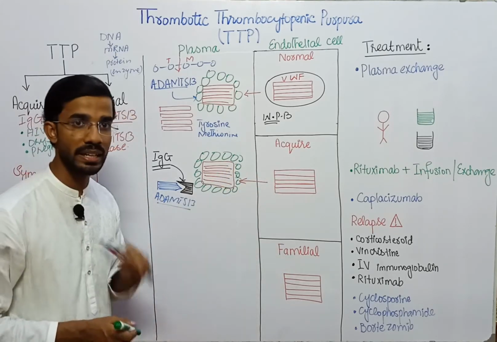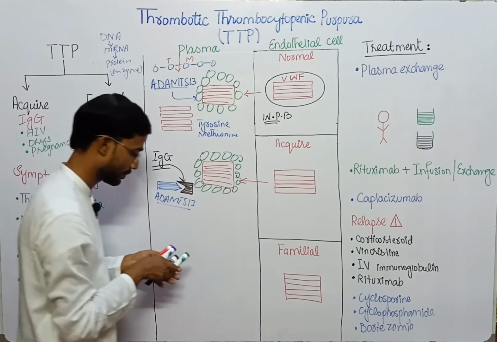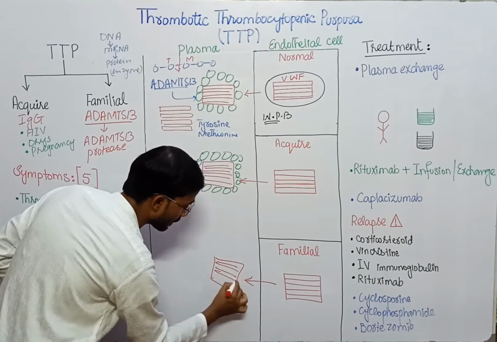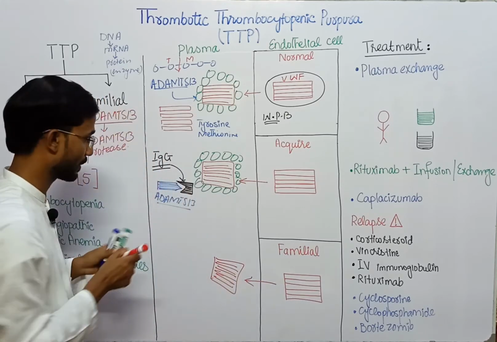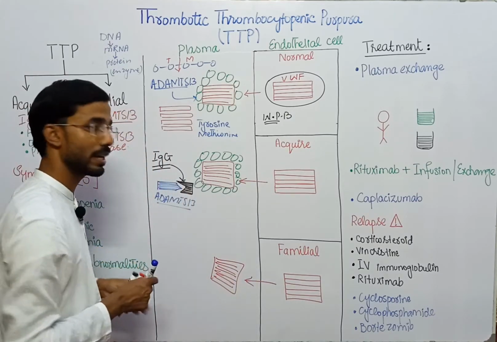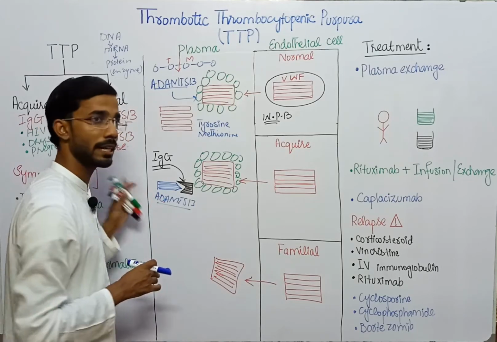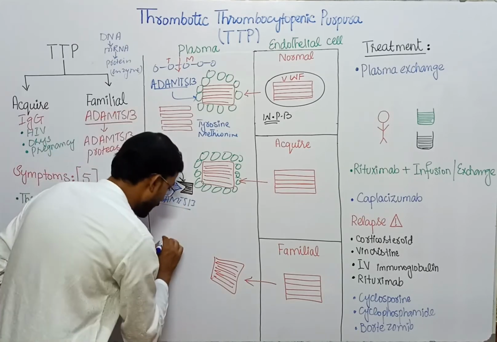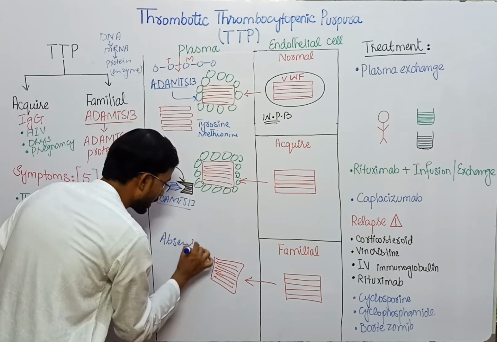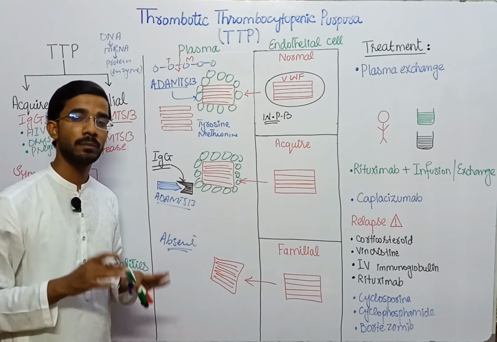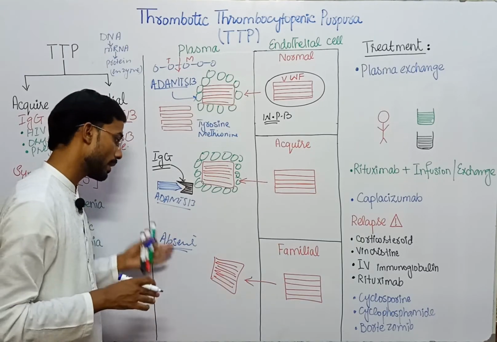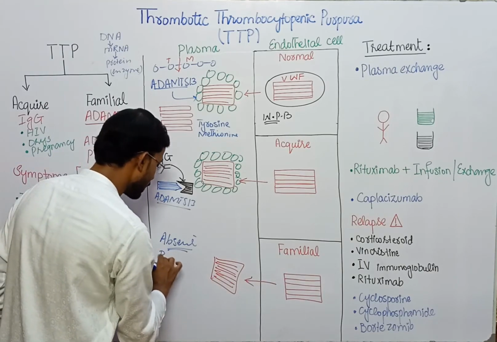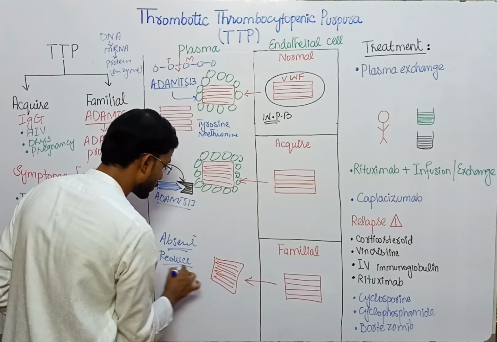In the genetic or familial case, here you can see that this is the multimeric von Willebrand factor. In that situation, if a mutation occurs in ADAMTS13, then two situations can happen. First, ADAMTS13 protease is absent, or its number is reduced.